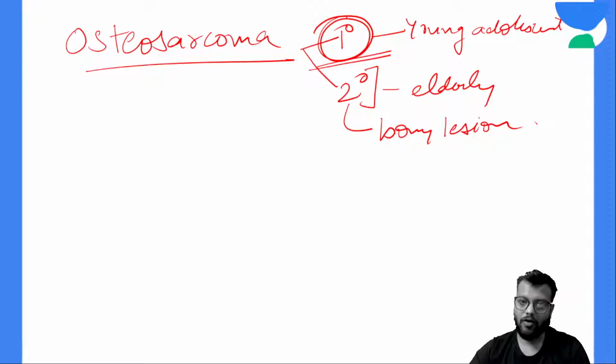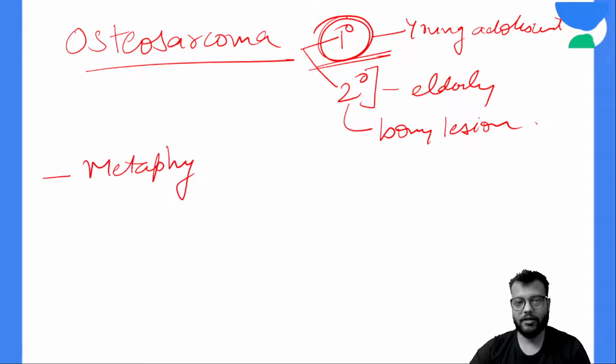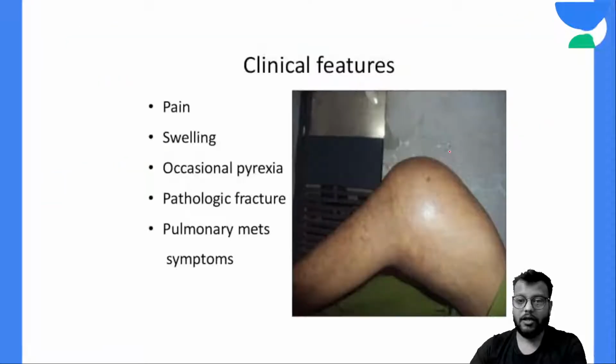So we'll read about the primary osteosarcoma, most commonly in the lower limb bones, and it is seen at the metaphysis, okay. So here you can see a swelling. Most common site is your distal femur.